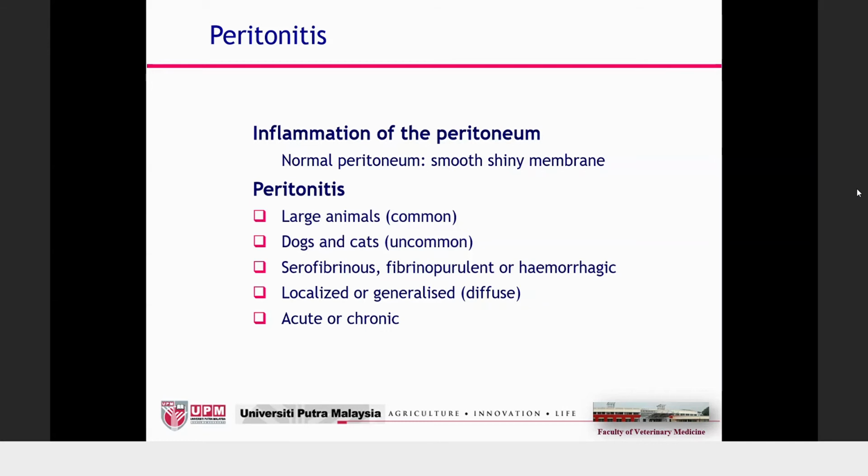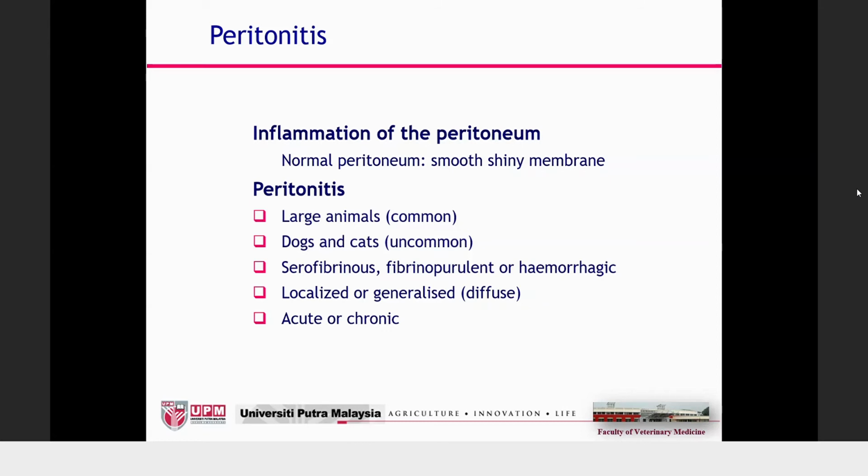So peritonitis is more common in large ruminants or large animals rather than in dogs and cats. Dogs and cats, they are actually less common. But in large animals, they are more common. Depending on the type of changes that occur, it can be classified as serofibrinous, where you can see the fibrin, and then fibrinopurulent when there's an infection, or sometimes hemorrhagic peritonitis.